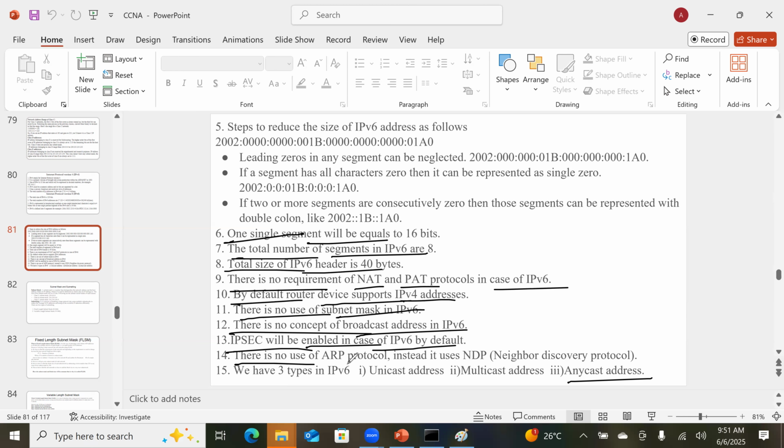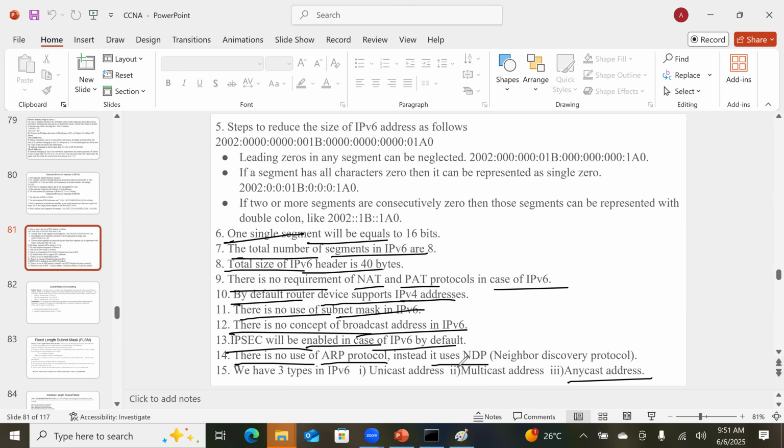There is no use of the ARP protocol. Instead, we have NDP. We have a protocol called ARP, which I think I discussed when I was discussing the switch device. Address Resolution Protocol helps us find an unknown MAC address.